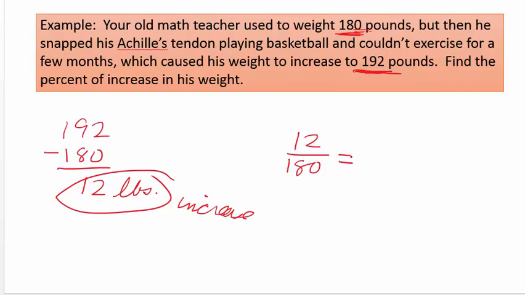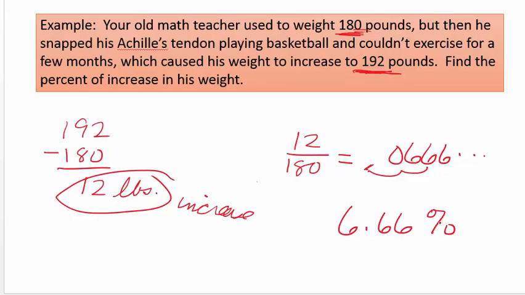So I take 12 and divide it by 180, and that gives me 0.0666 repeating. When I move the decimal twice to the right, I get 6.66%. That's it. Thanks. Bye.